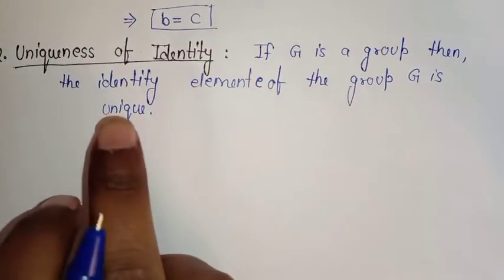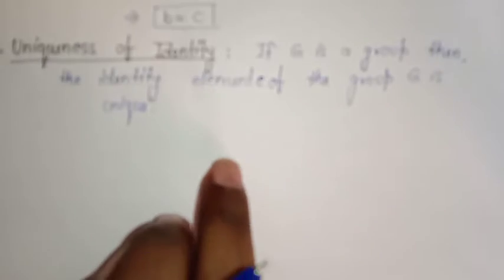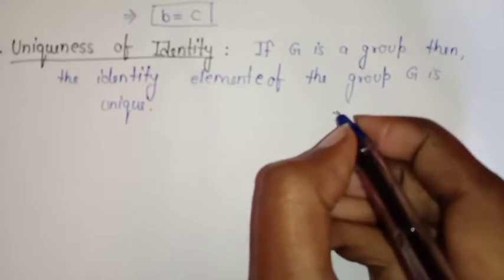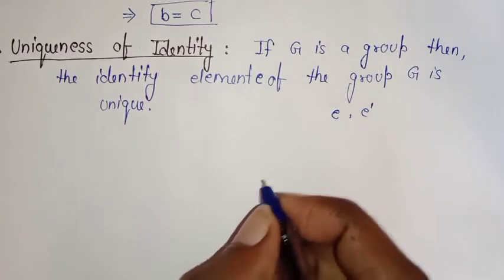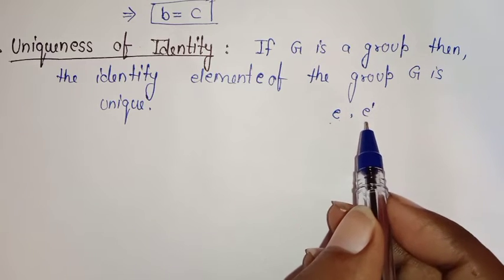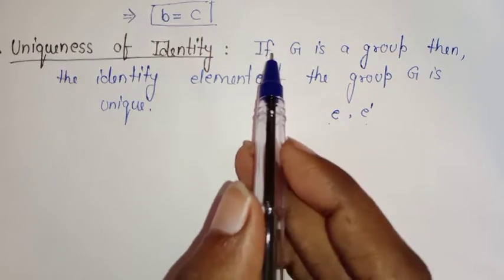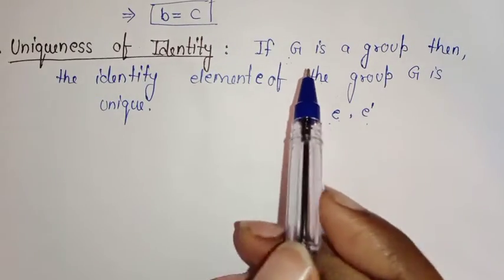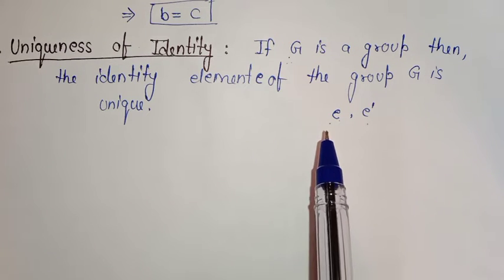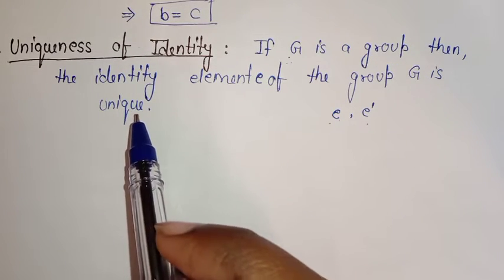To prove this theorem, firstly we will assume there are two identities of this group, e and e dash, and then we have to show that e is equal to e dash. In that case the identity becomes unique, since we assumed two identities for this group but we got e equal to e dash. It means whatever identity you choose, it will always be the same, and that means it is unique. So we will see how to prove this theorem.